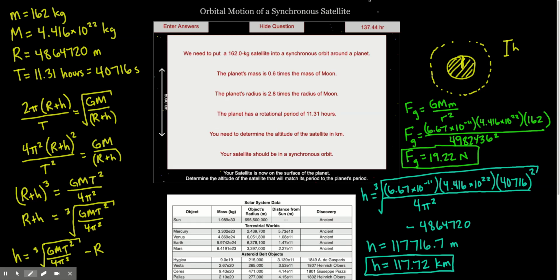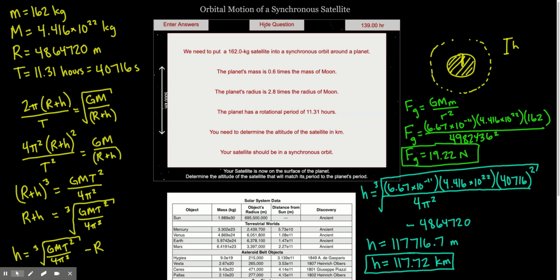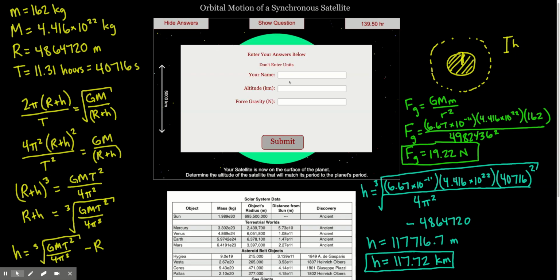Let's see if we're in fact correct. It's a lot of math on this one. Just a lot of calculations with scientific notation, which is really what takes the longest. So if we hit enter answers here, I'm going to type in the altitude. It's going to be, let's see here, 117.72. They do want it in kilometers. And the force of gravity is 19.22.